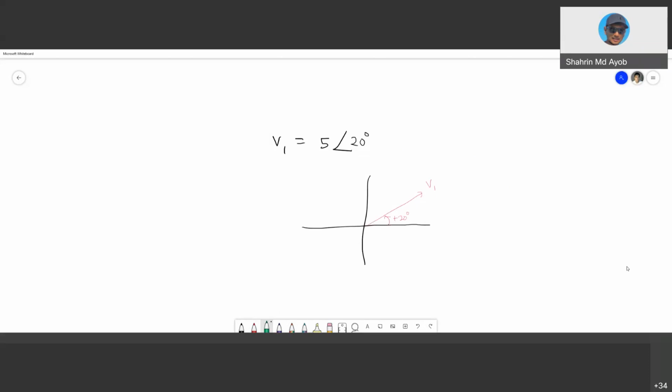Another one is this one, where the phase difference here is 360, so I can also say negative 340 degrees. This one is similar if I write 5 with an angle of negative 340 degrees. It's actually the same, but it is using the negative angle. It will represent the same phasor location, which is V1 here. Okay?